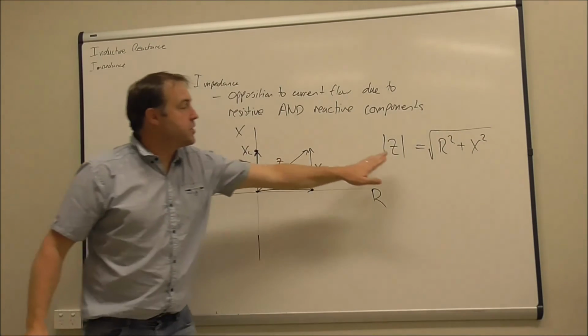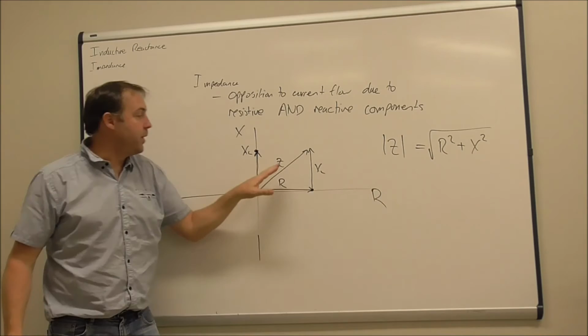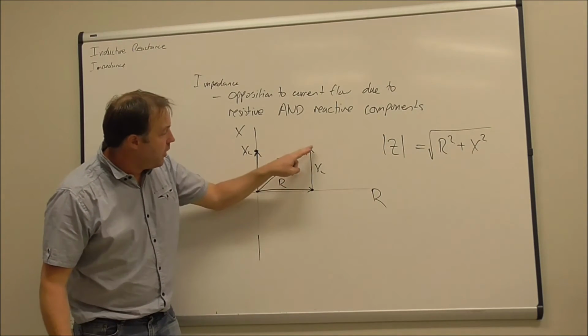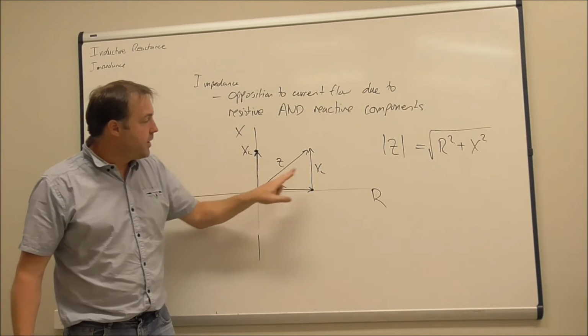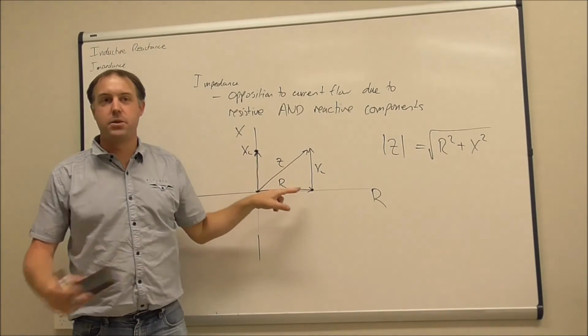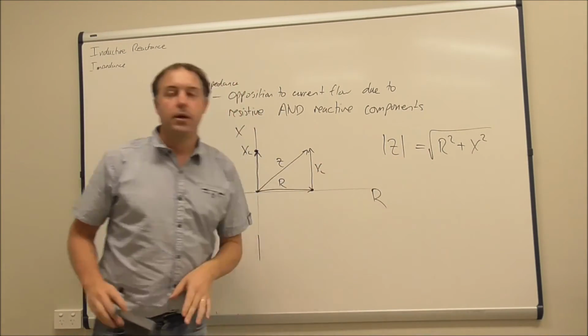So the magnitude of my impedance there, so the length of the line that I would make if I drew it this way, is the sum of the squares of these two sides, and take the square root of that. Okay?